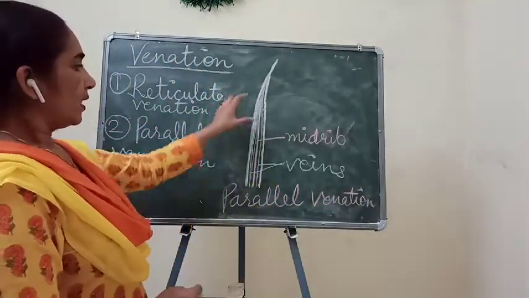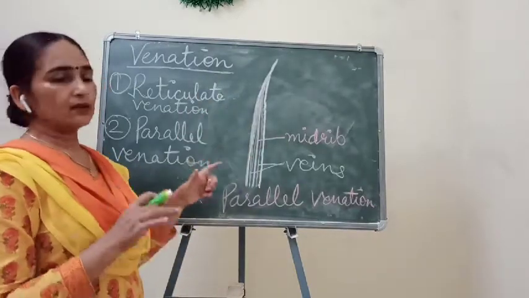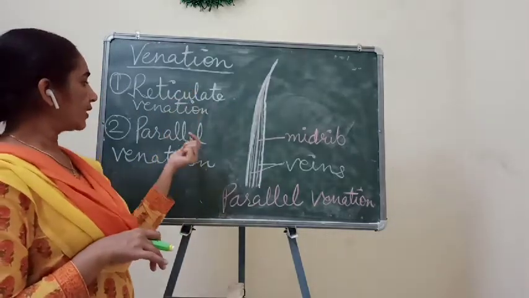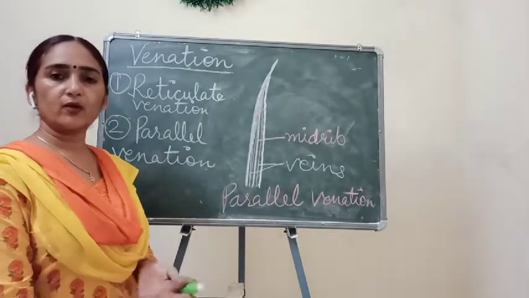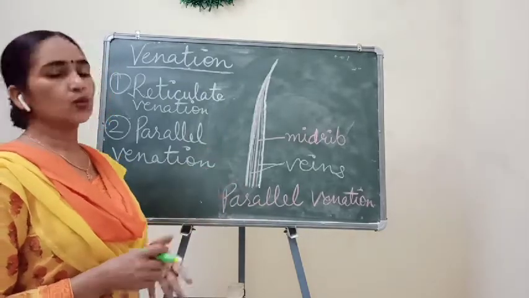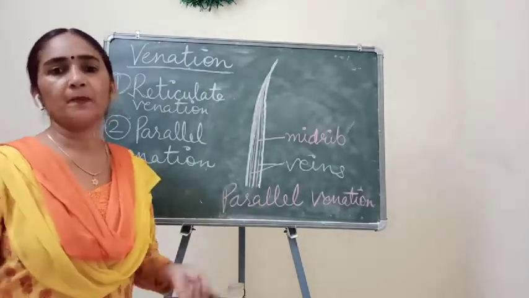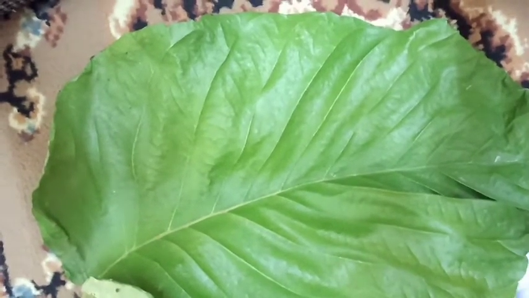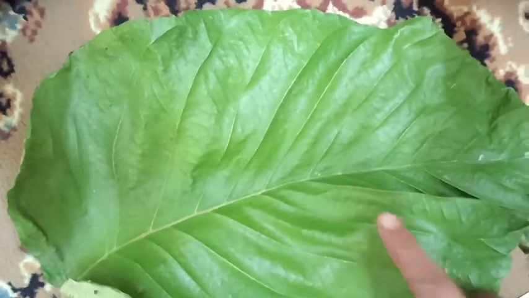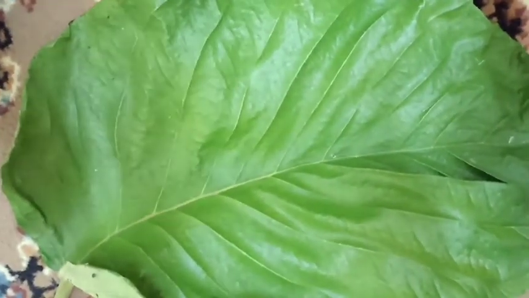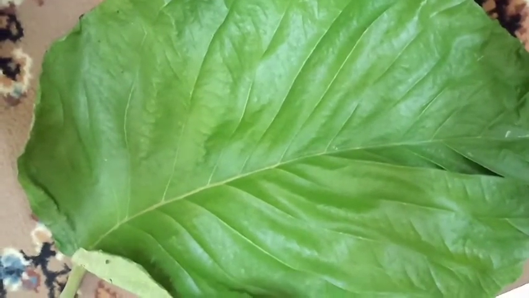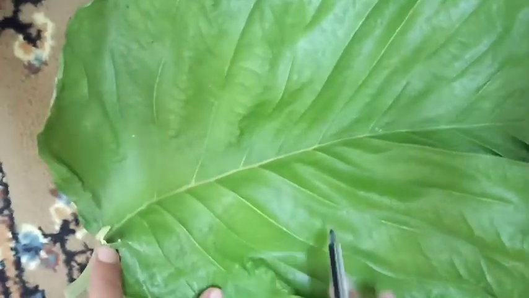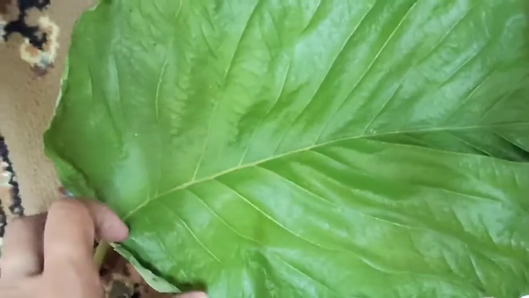Now I'll show you through the original leaves reticulate and parallel venation, and you can also compare the two leaves. Yes children, this is an original leaf I have brought for you. I'll show you all the parts in this leaf, as I have drawn this diagram on the board also.